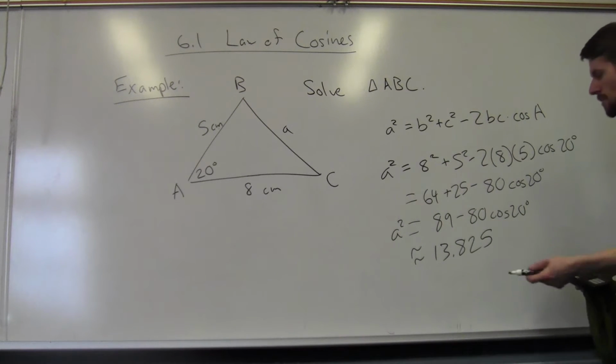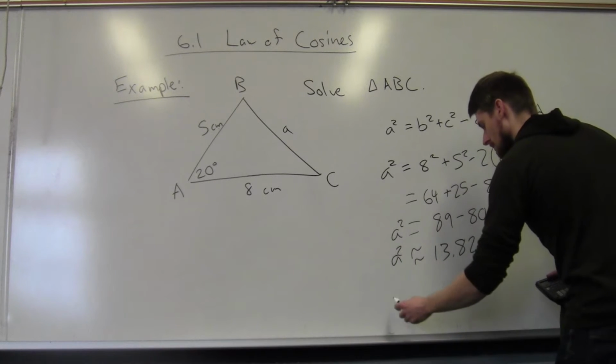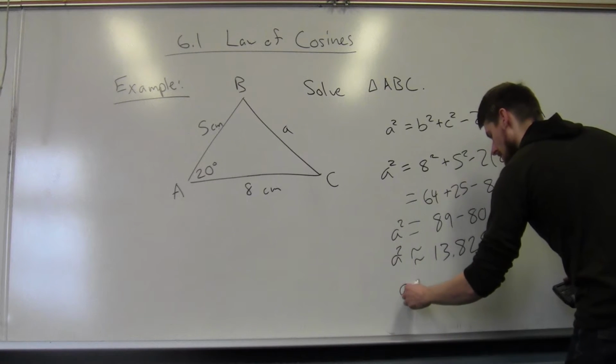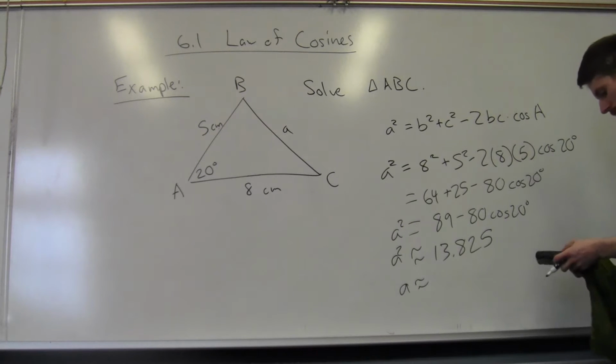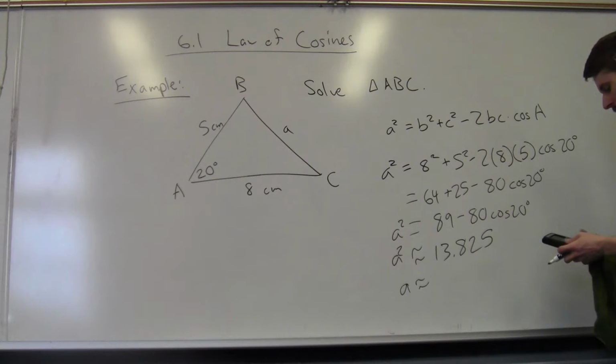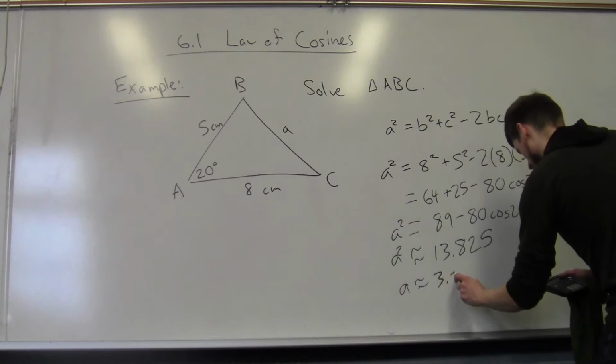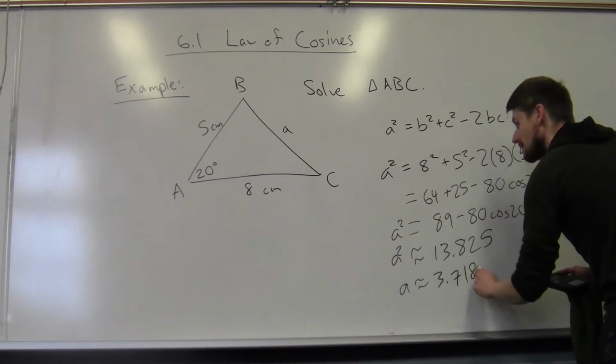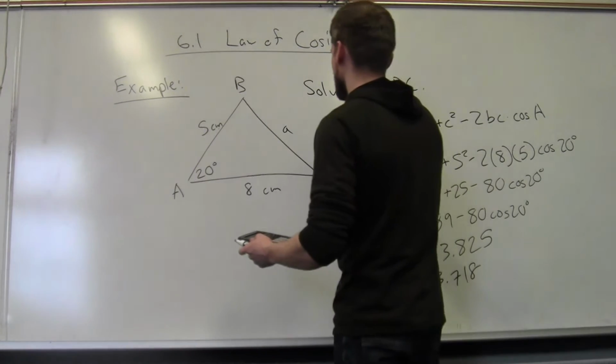And then I'm going to take the square root. That's going to give me a is approximately equal to the square root of the answer, which is 3.718. That's what this side length is here.